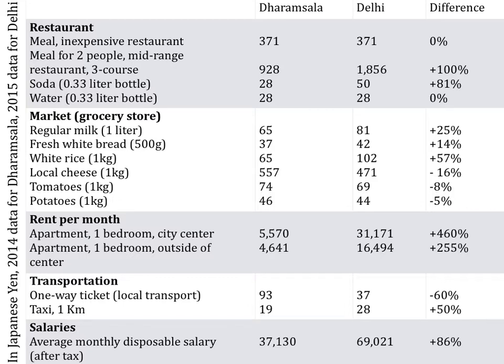Now let's look at the market, which in our Japanese context is the same as a grocery store. So milk, bread, and rice are more expensive in Delhi, but maybe fresher products such as cheese, tomatoes, and potatoes are actually cheaper in Delhi.